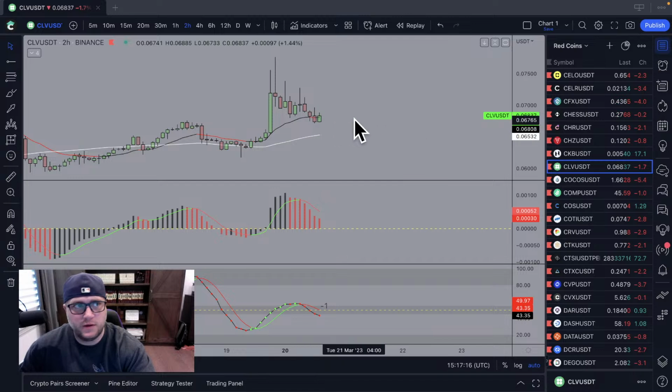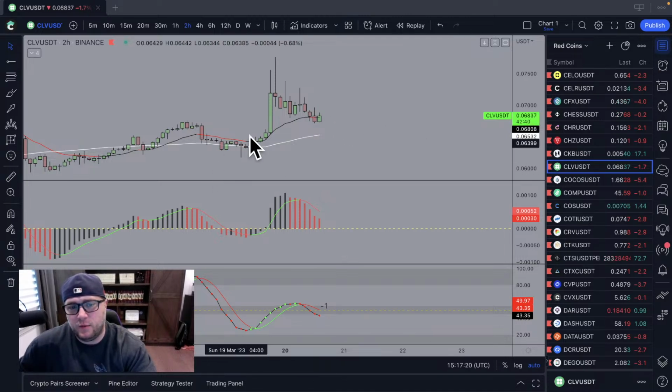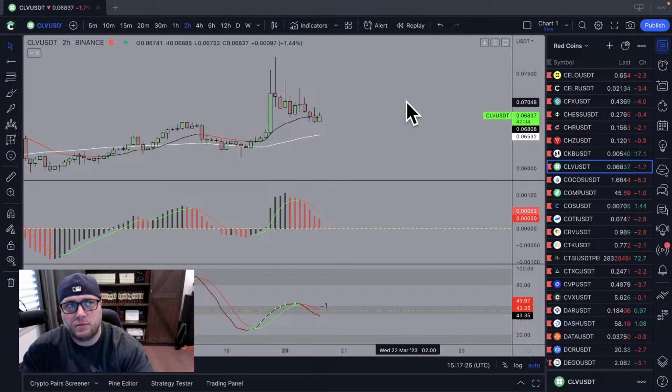Wait for the close on this one. That's another good one to be watching. You had a nice little pump up, and now you're starting to come back down, so I wouldn't be too anxious to go into this trade.